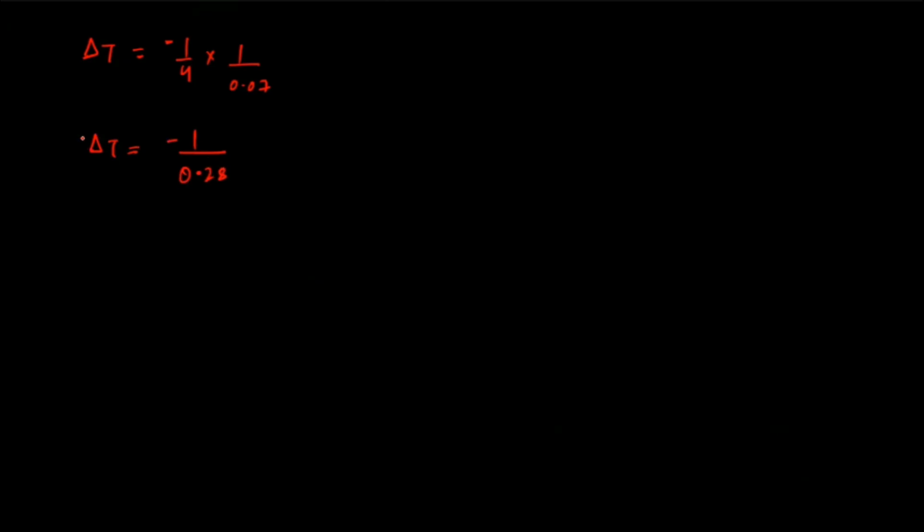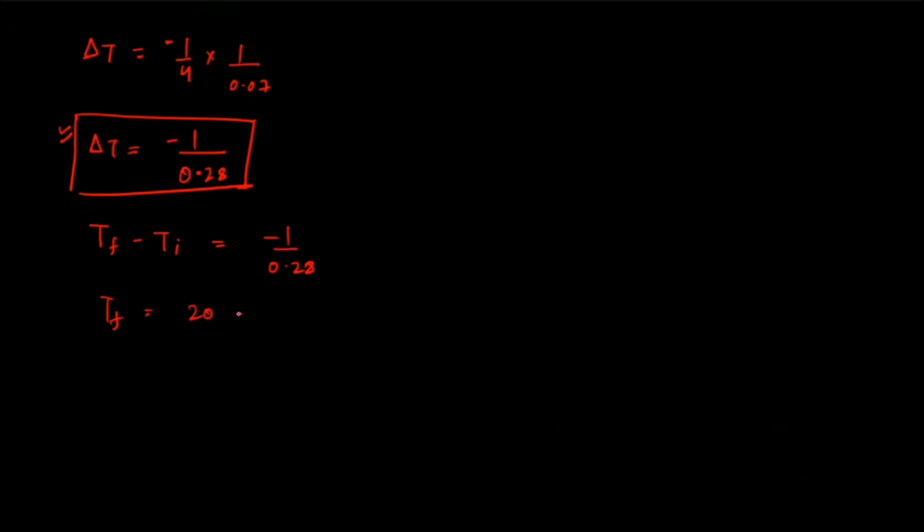So here we got the value of delta T. Delta T can be written as T final minus T initial, which is equal to negative 1 over 0.28. So what is the value of T initial? It is 20 degrees. So 20 minus this. If we do this, we'll have the value of final temperature.